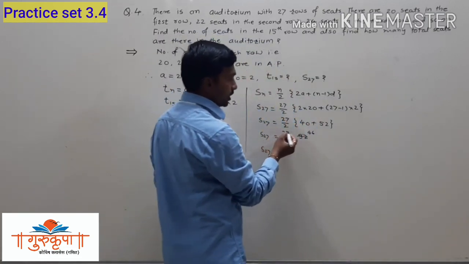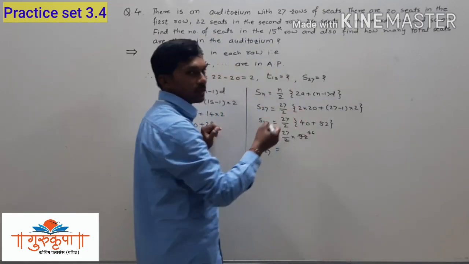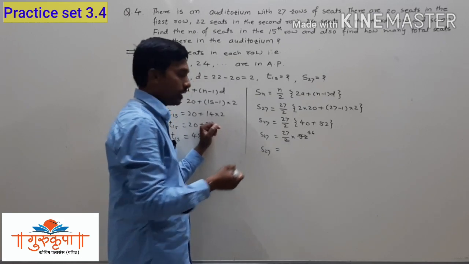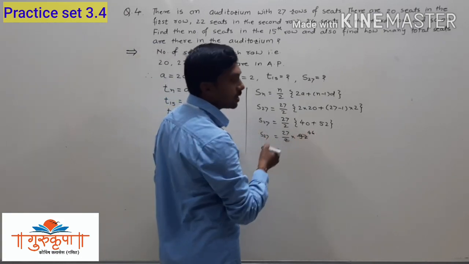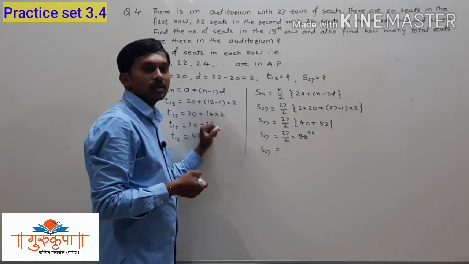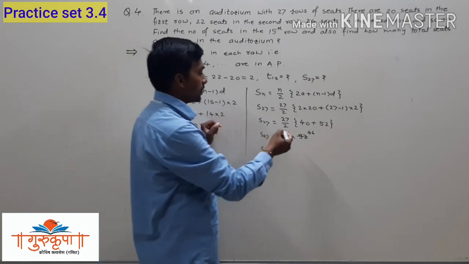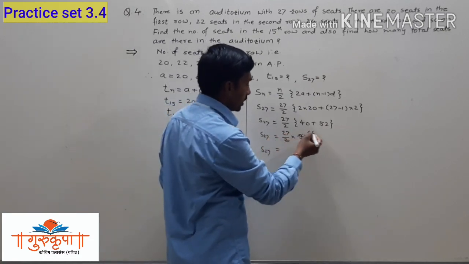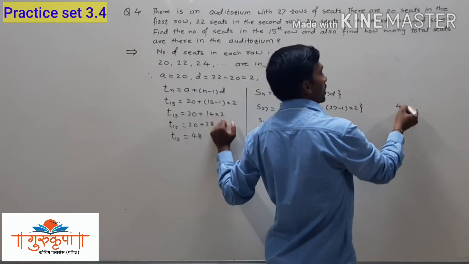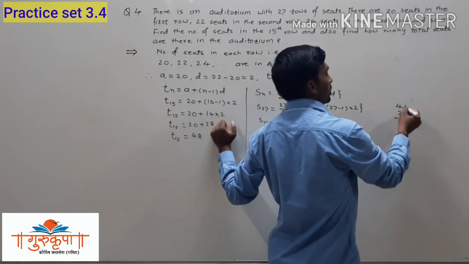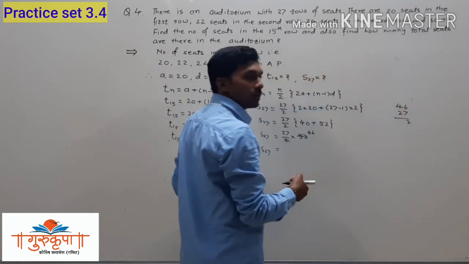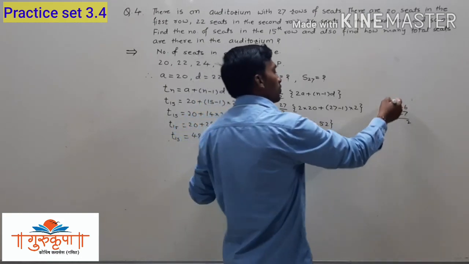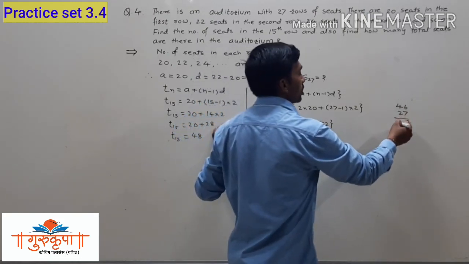We have to multiply 46 by 27. 7 sixes are 42, 4 carried, 7 fours are 28 plus 4, that is 32.